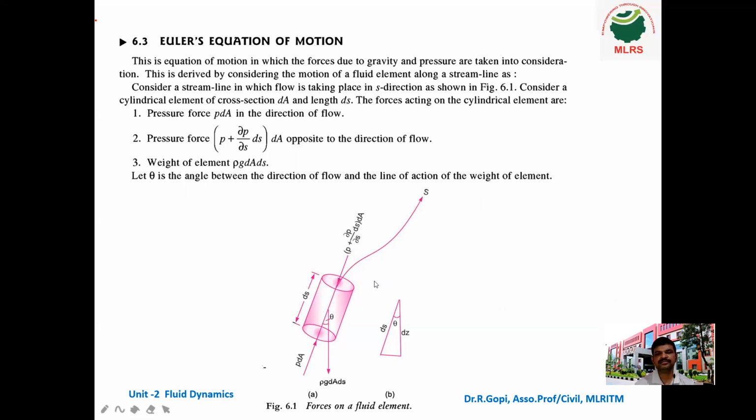Consider a streamline in which flow is taking place in the x direction, as shown in figure 6.1. Consider a cylindrical element of cross section. Here we have taken a cylindrical fluid element, and from that element a small cross section area dA, and the length is ds.